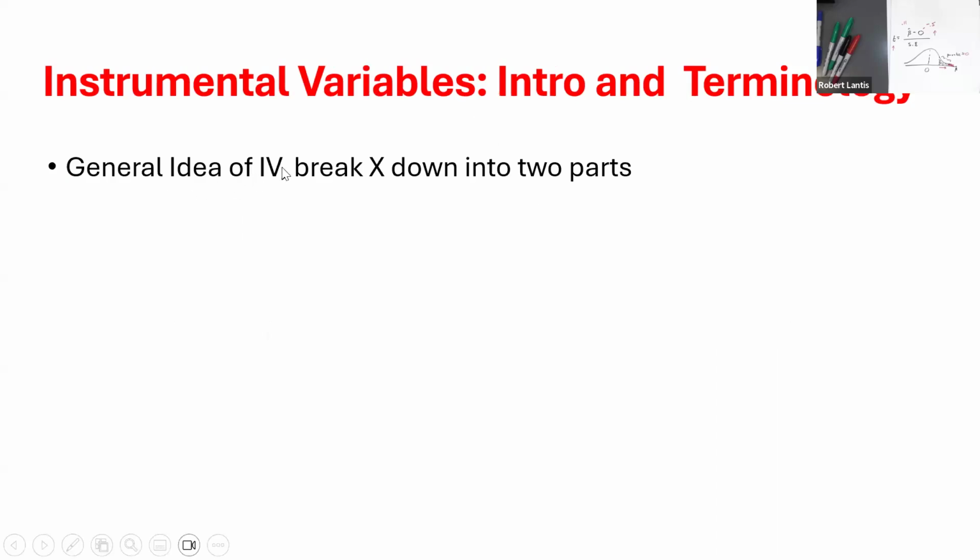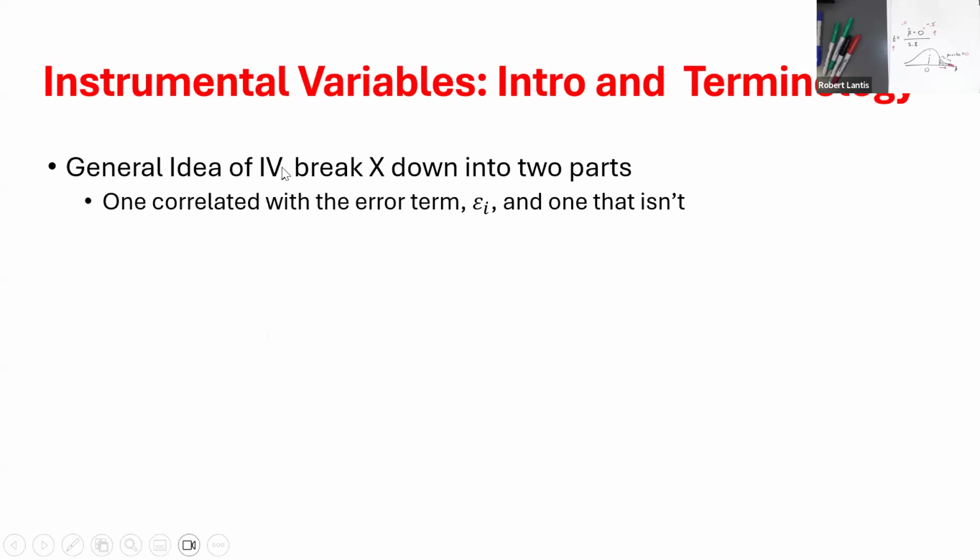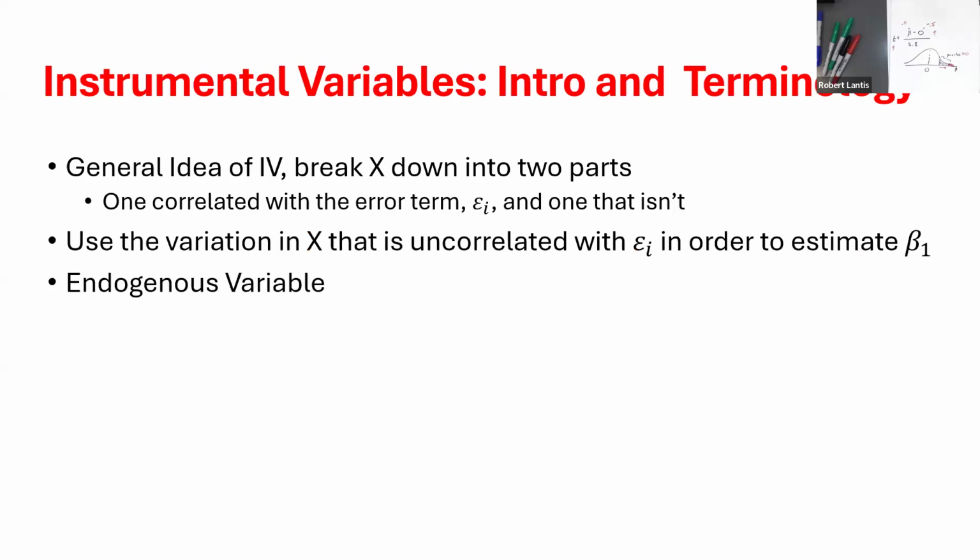Just some general terminology we'll use. We're going to break our instrumental variable approach down into two parts. If we want to estimate the relationship between two things, and let's say, for the sake of example, we know there's some omitted variable bias, we want to look for an instrument that is correlated with the error term, and then part of it is not.